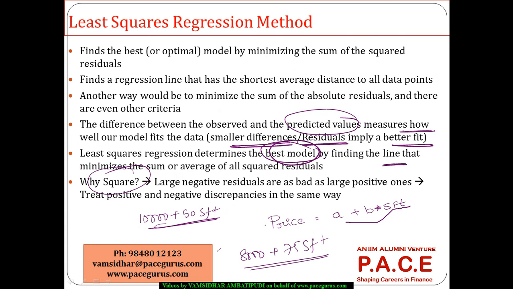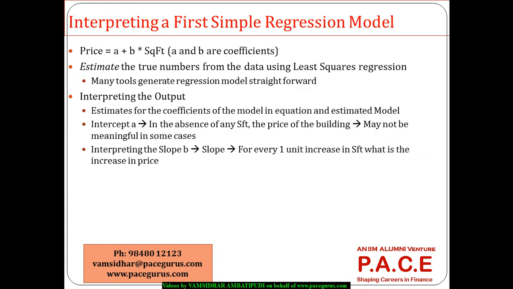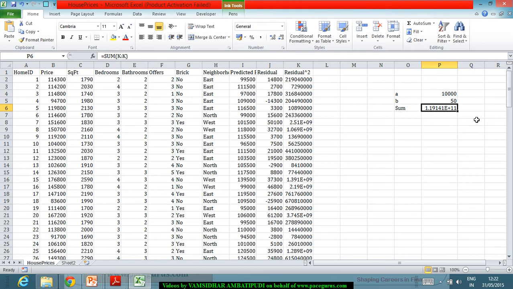So squaring will always remove the negative and positive cancelling out each other, and at the same time, the larger the value, the magnification is going to happen, and that is one of the prime reasons the least squares regression method has become one of the most popular methods in terms of building a model from the existing data.